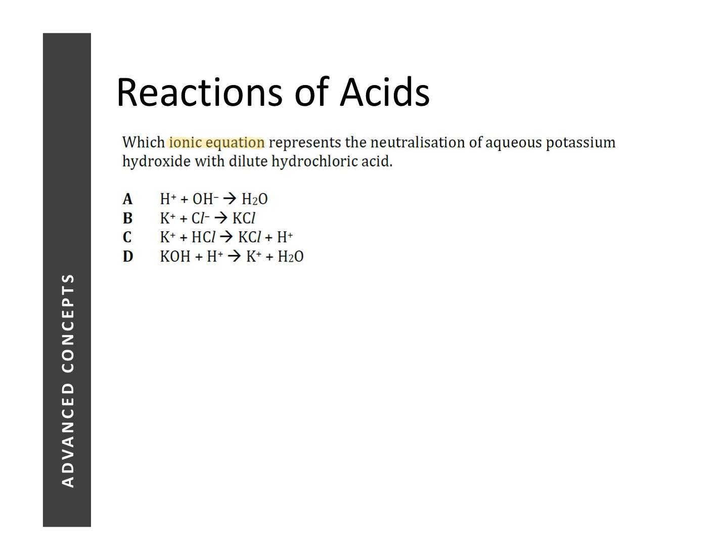So for this question, there's actually a shortcut, and the shortcut involves asking yourself what is the main ion in an acid that makes it an acid, as well as what is the main ion that makes an alkali an alkali.